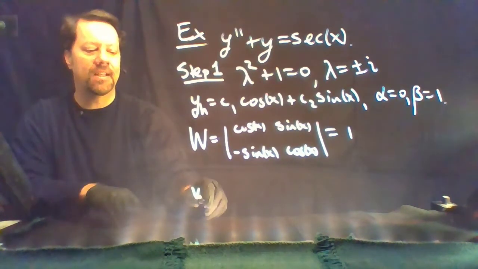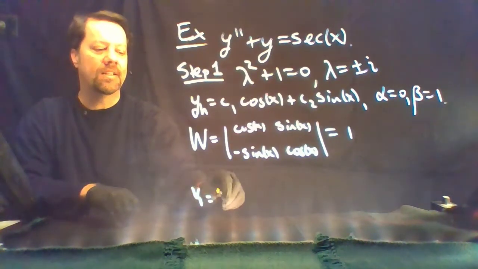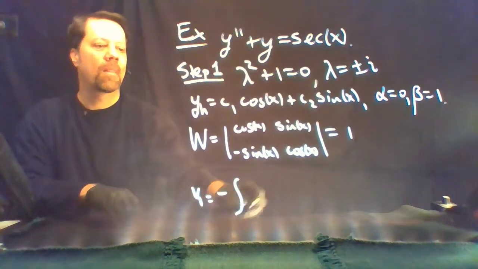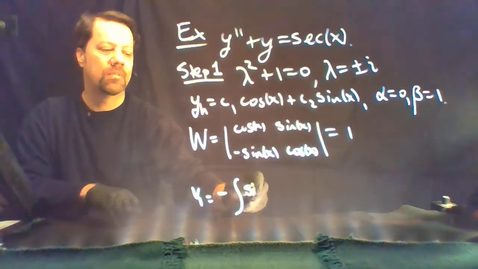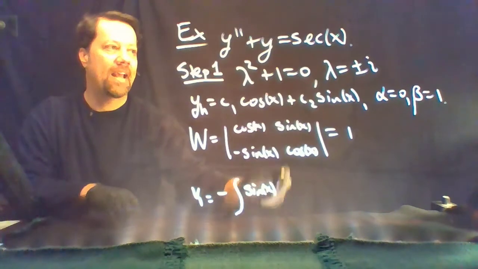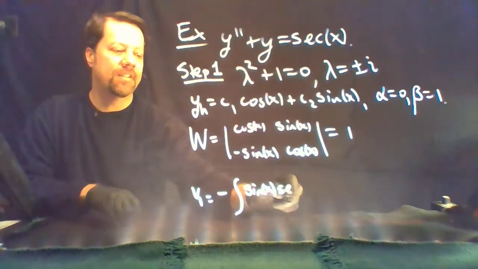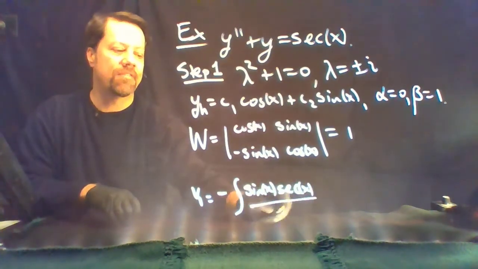It follows then that v1 is minus the integral of y2 f. F is secant of x divided by the Wronskian.